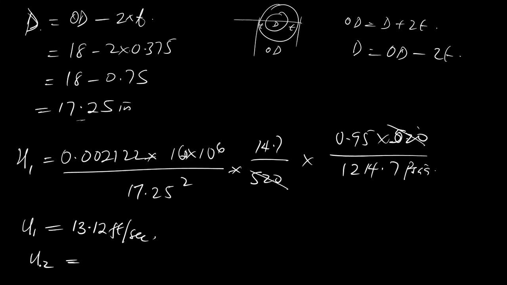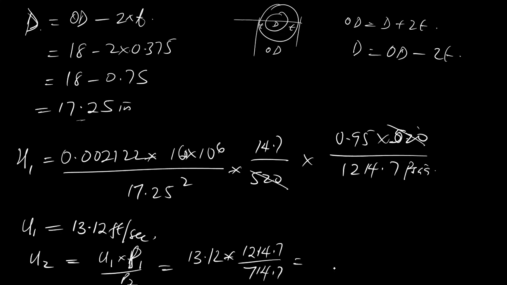So now to get the outlet velocity, we just say u1 times pressure 1 divided by pressure 2. So we now have 13.12 times 1214.7 divided by 714.7.